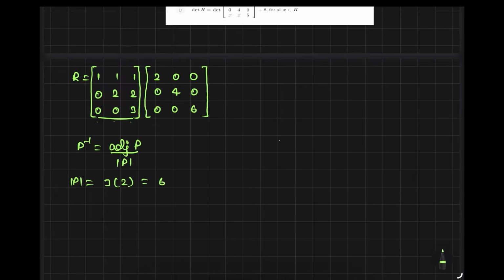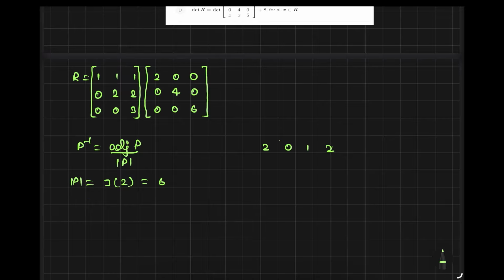Now I will go with the adjoint. You know the trick to find the adjoint of a 3 cross 3 matrix. We will start from this. So it is 2 0 1 and then you got 2.